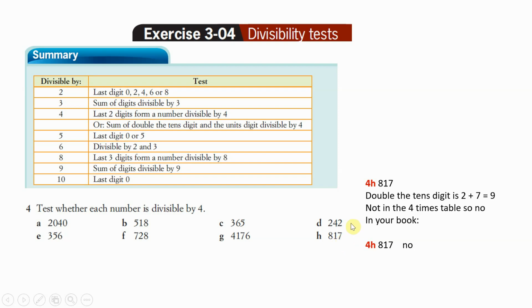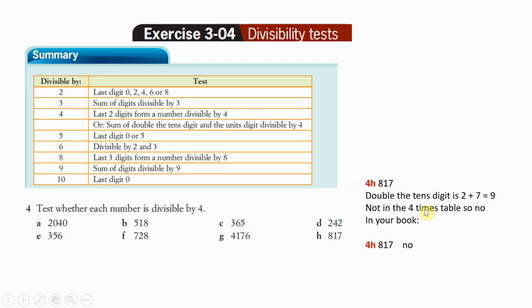So the tens digit is 1, double that is 2. 2 times 1 is 2, and then the units digit, 7. I'll do it again. Double the tens digit, the second last digit, that's 1 times 2 is 2, plus 7. Double means times 2. So that's double the tens digit, and that's the last digit.